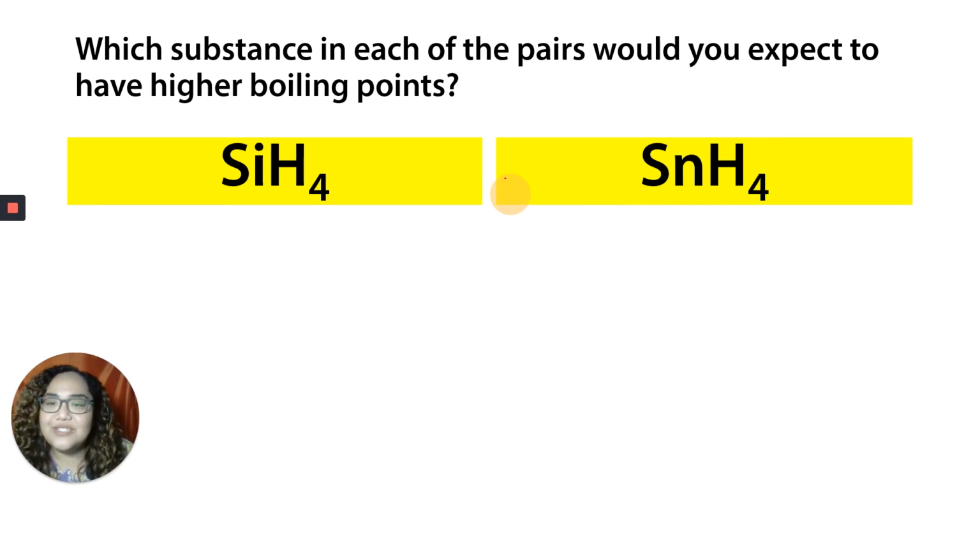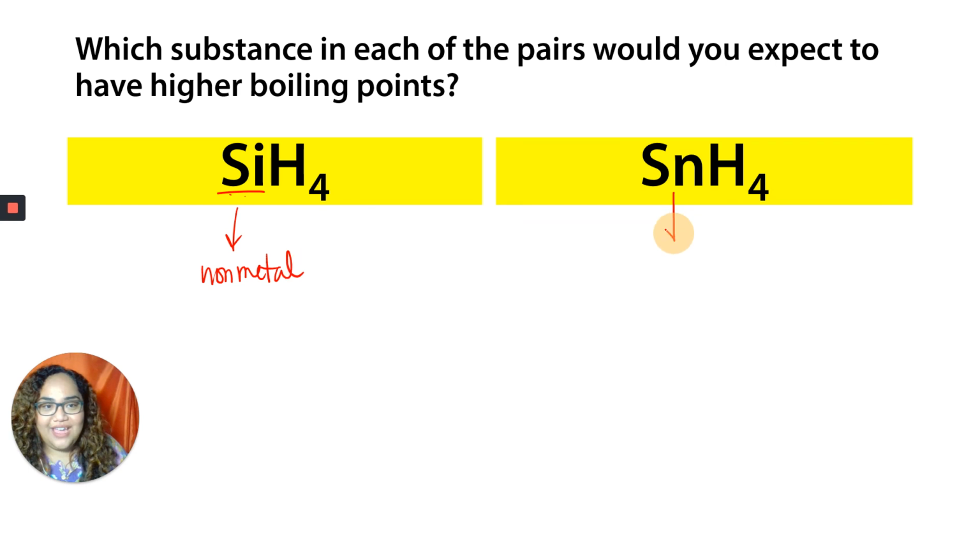Okay, how about this one? This is silicon tetrahydride versus tin tetrahydride. Let's look at what type of elements they are. Silicon is a non-metal.